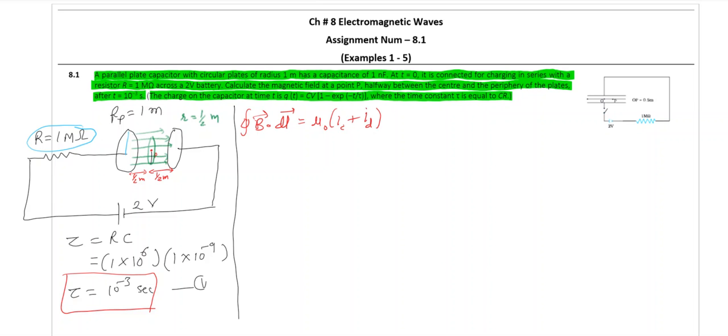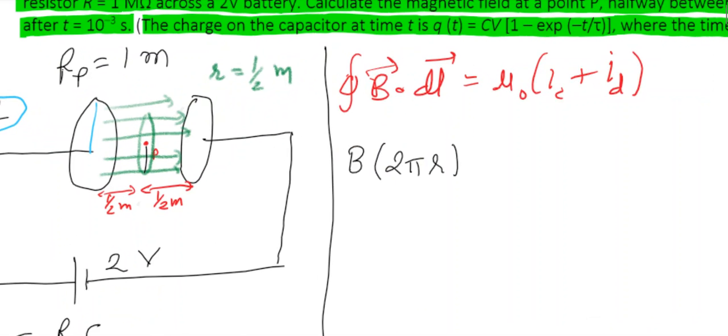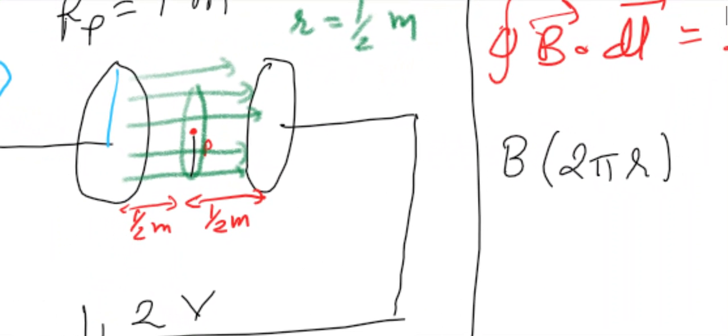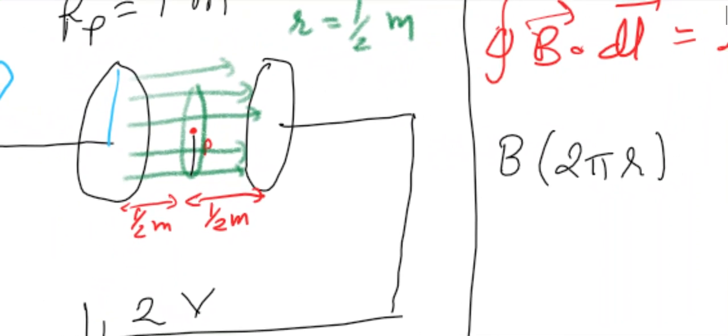As there is no charge flowing near point P, IC will be 0. We can consider the left side to be B into 2 pi r, because we are talking about the circle with radius half meter, so small r is the radius.